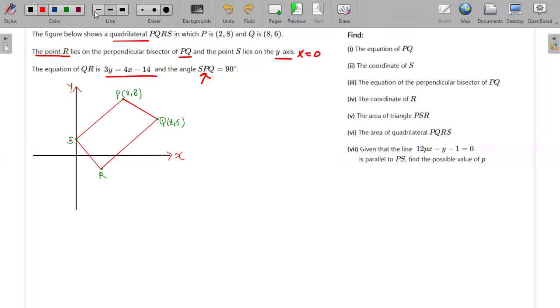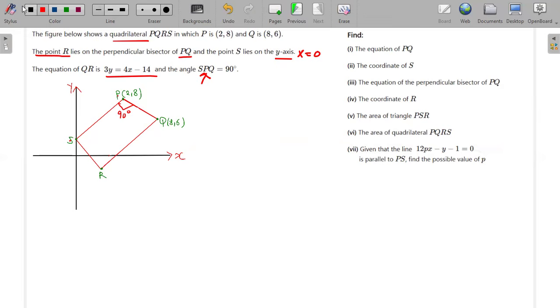It means that this line and this line are meeting at 90 degrees. The drawing is not up to scale, so we follow whatever they are saying in the question. It might not look like 90, but they've told us it's 90, so we'll take it as 90.